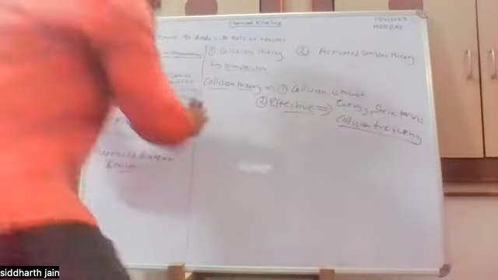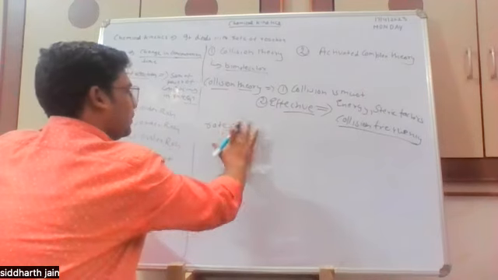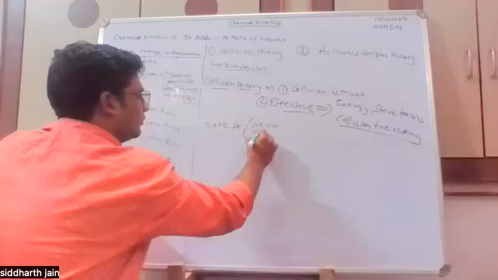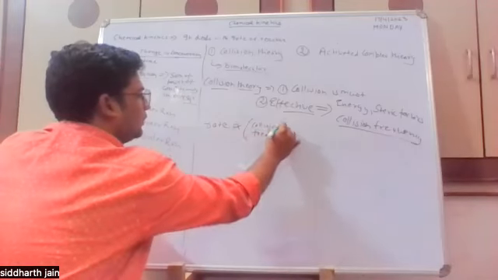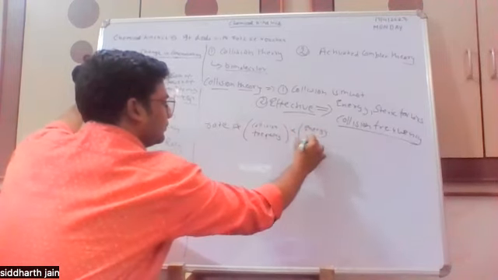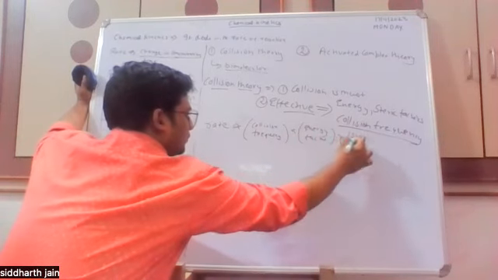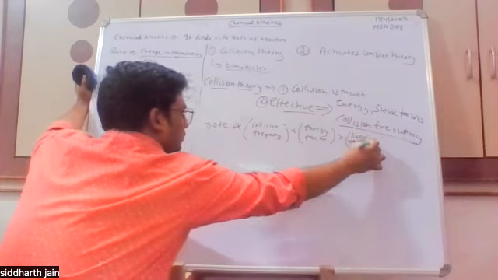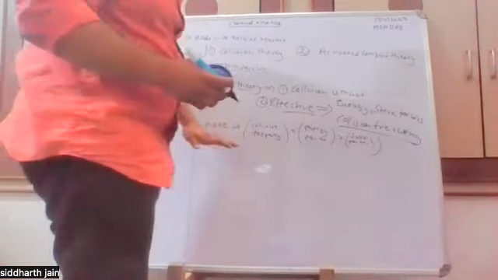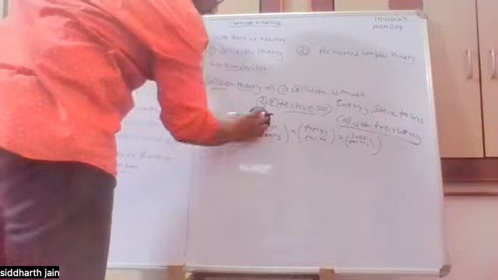So we can write that rate is proportional to collision frequency into energy factor into steric factor. So if we derive all these three factors, we can define the rate by using the collision. So let's derive all these three.